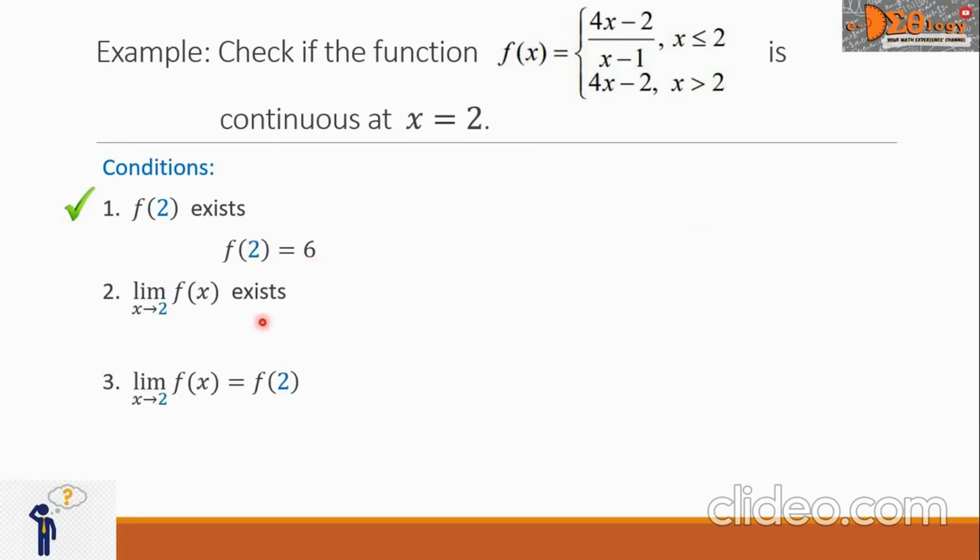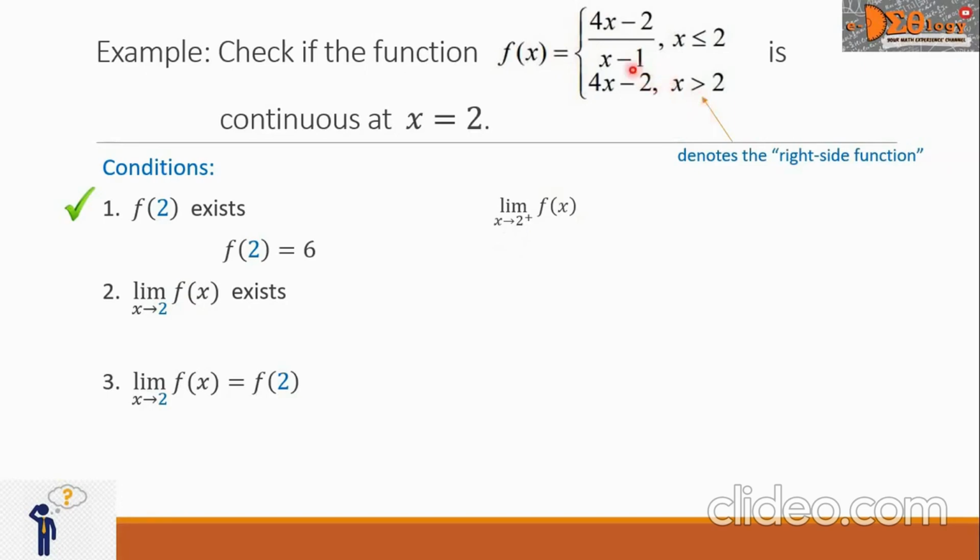Let us check condition 2. The limit of f of x as x approaches 2 must exist. Since we have a piecewise function, let us check first for the right-hand limit. The limit of f of x as x approaches 2 from the right. This greater than symbol denotes the right side function.